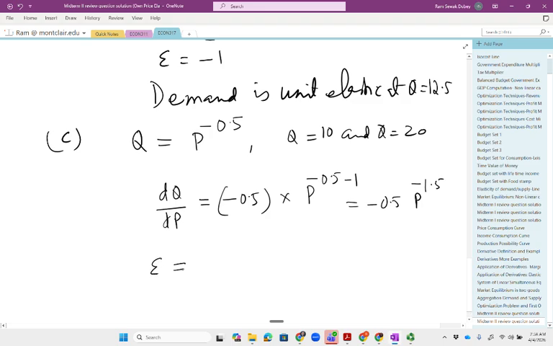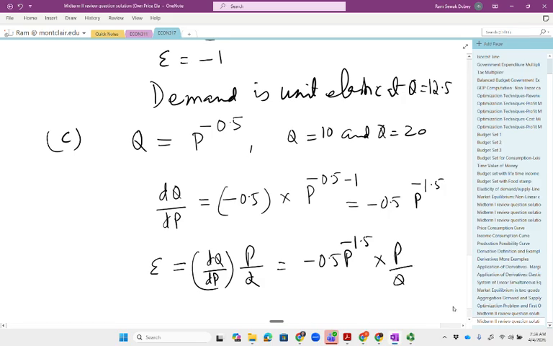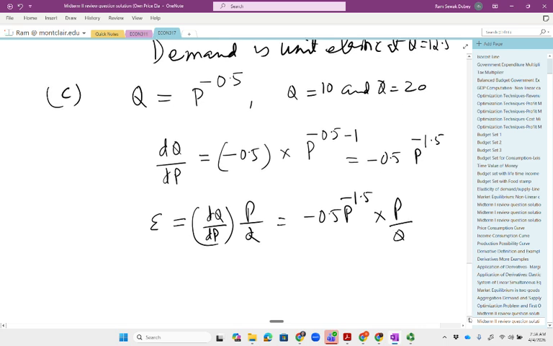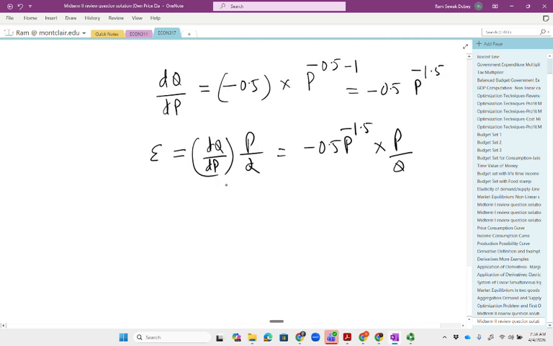Now I compute the elasticity, dq dp times p over q. So negative 0.5 p to the power minus 1.5 times p over q. First, I would like to simplify this expression before applying the values of q and p if needed.